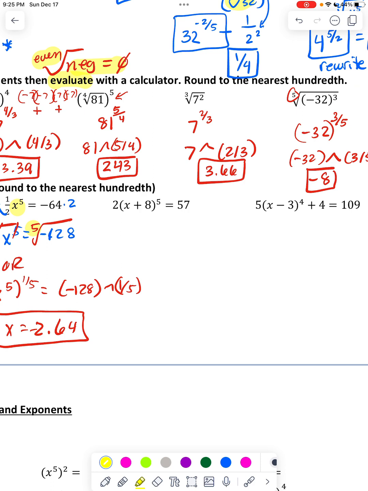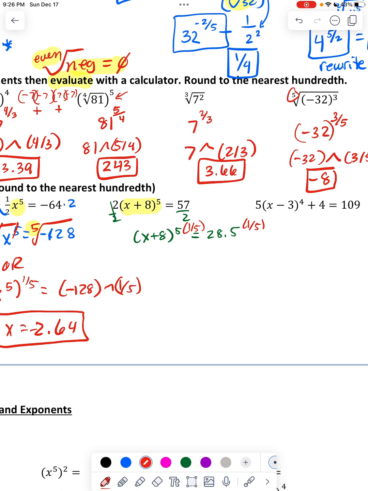Here, I have to get whatever part is to the power alone, so I'm going to divide that 2 out. Now x plus 8 to the 5th equals 57 divided by 2, which is 28.5. To get rid of that 5th power, I either can use a 5th root or I can raise both sides to the 1/5 power.